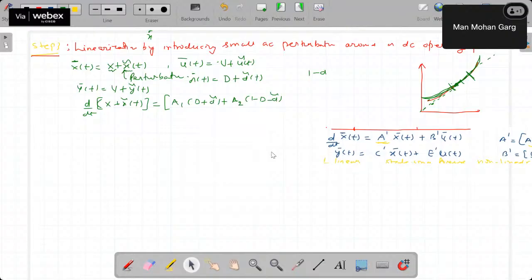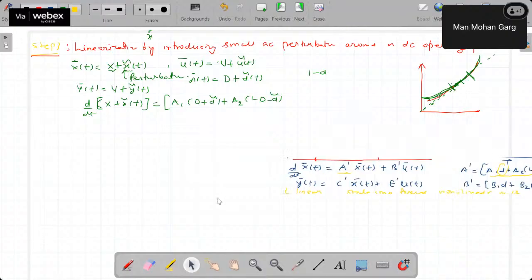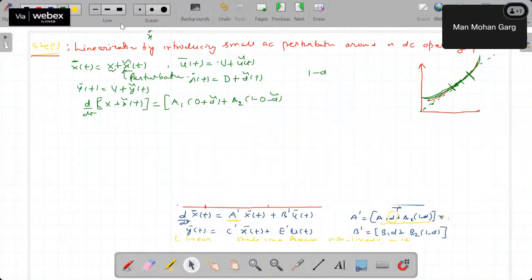The derivative dx/dt I represented with this A dash, and A dash is a1 d plus a2 (1 minus d), so a1 is complete. X is X plus x cap.